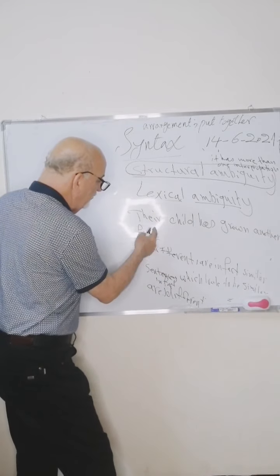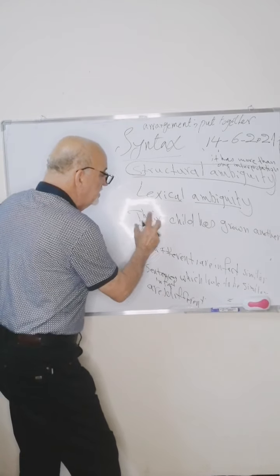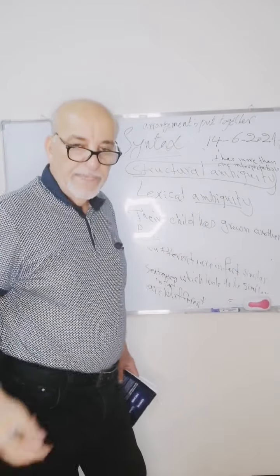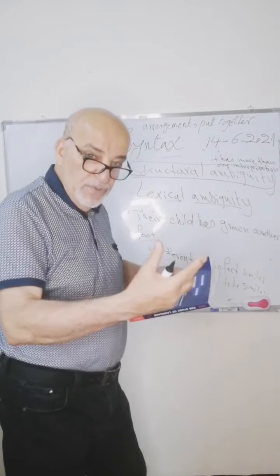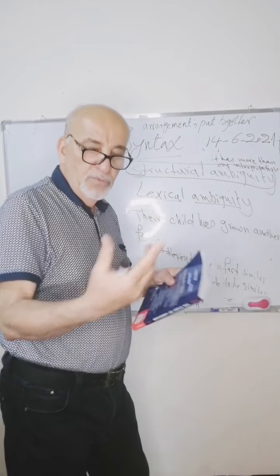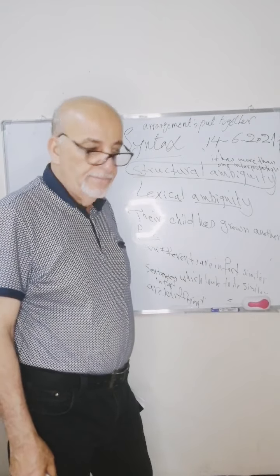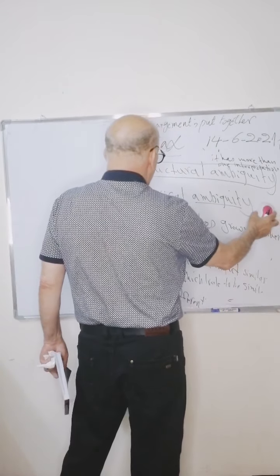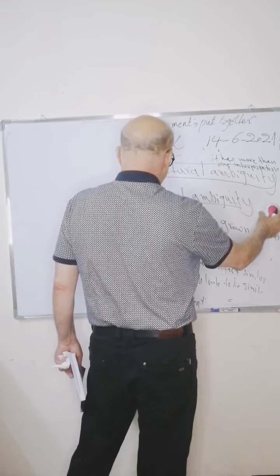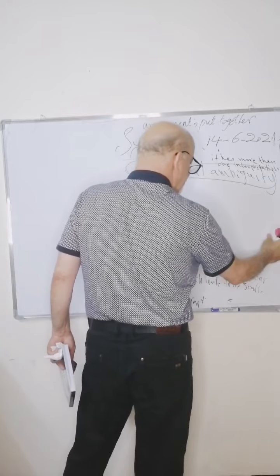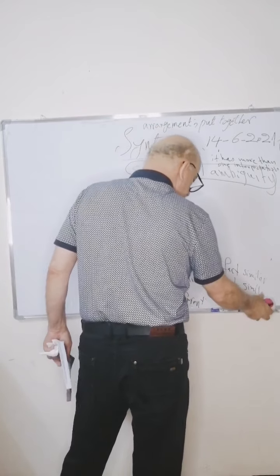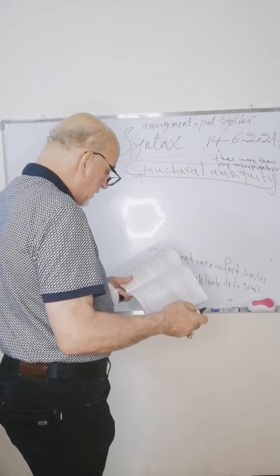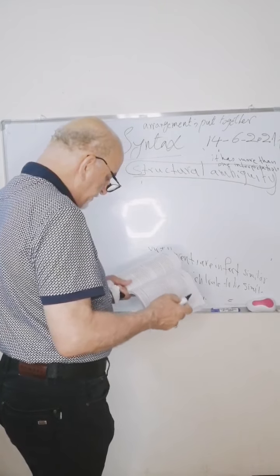Sometimes it is not because of the word in the sentence. It's because of the structure of the sentence that makes the sentence what? Ambiguous. And in turn, بالتالي, it is open to more than one interpretation. Like what? Take this.